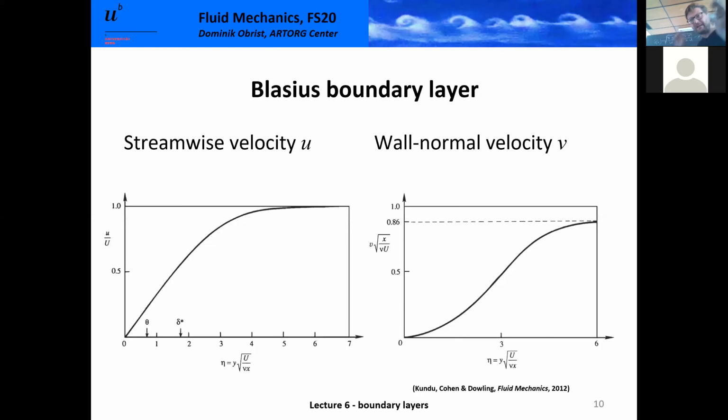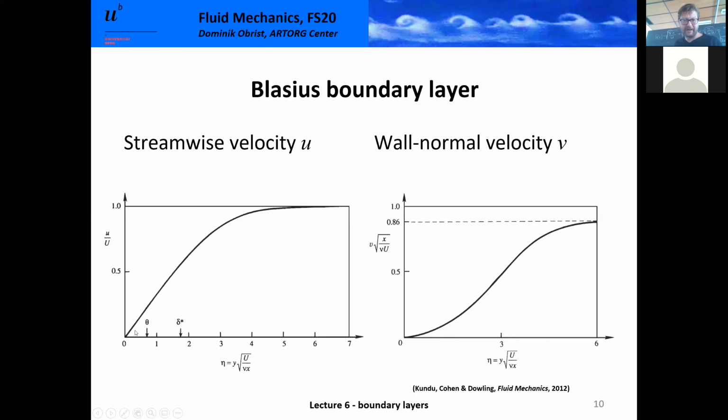Now, it was a good idea, but what they did not know beforehand is that the thickness scales with this factor, but it's not exactly this factor. So the real boundary layer thickness is not just this delta, it's a multiple of this delta. And we see this on the slide here.